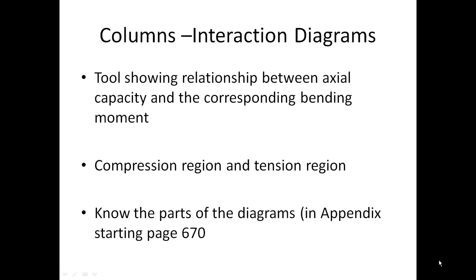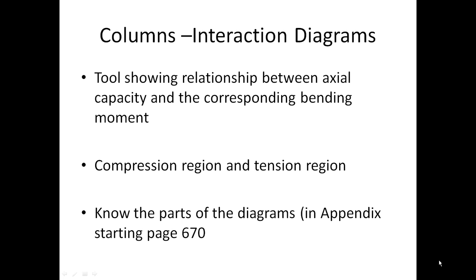I guess you could really say the first thing we'd like to do is to determine if a concrete column that we're given is going to be adequate under a certain amount of axial load and a certain amount of bending moment. In order to make this determination, we're going to use these interaction diagrams which have been developed by the ACI.